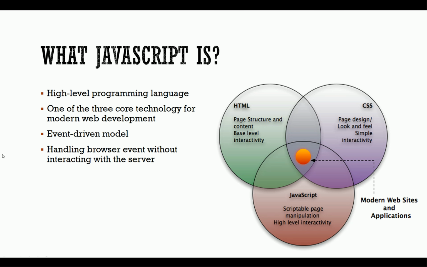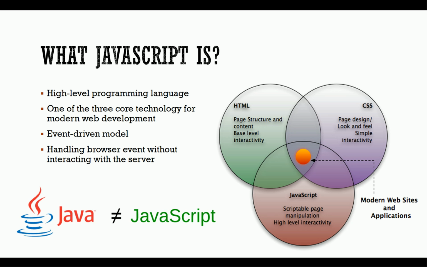You should be aware of the difference between Java and JavaScript. Even though they share the word Java, they are actually not related to each other, and they are completely different. They are different languages and also different in terms of concept and design. You have learned about Java already, or you are going to learn it.